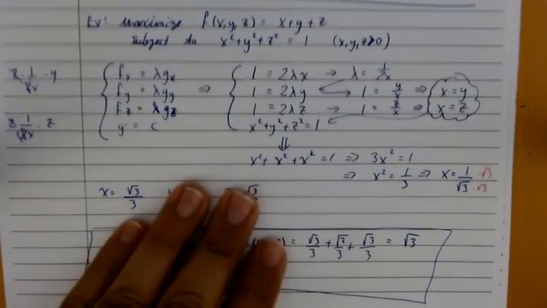Okay. Finally, for this section, we have one last example. The method of Lagrange multipliers is so flexible that we can increase the number of variables in our objective function. We can also increase the number of constraints.